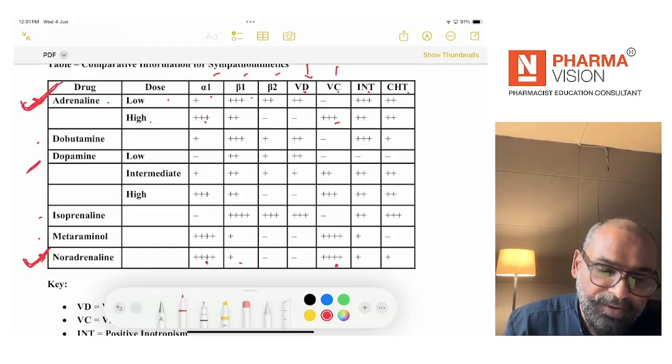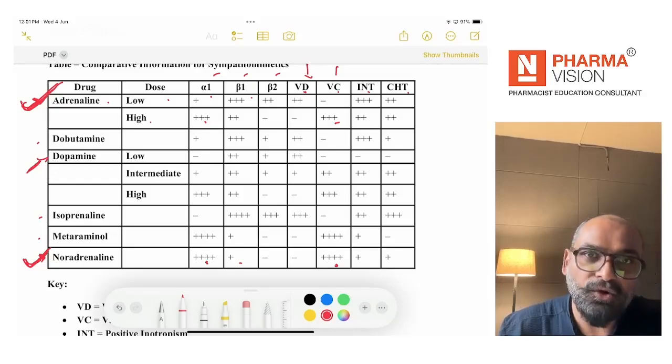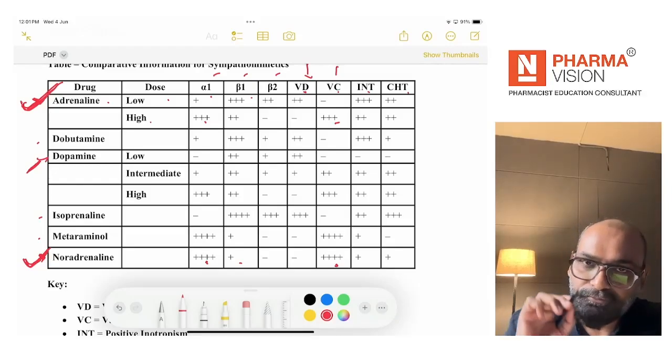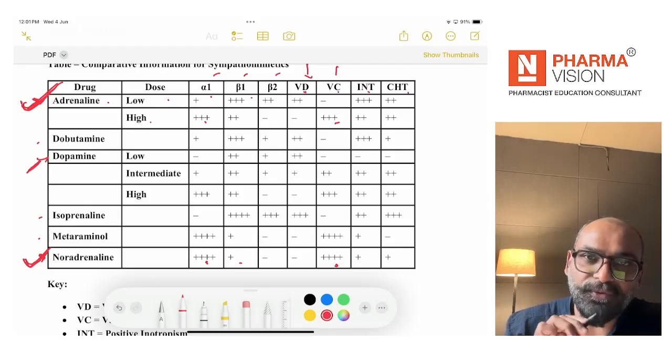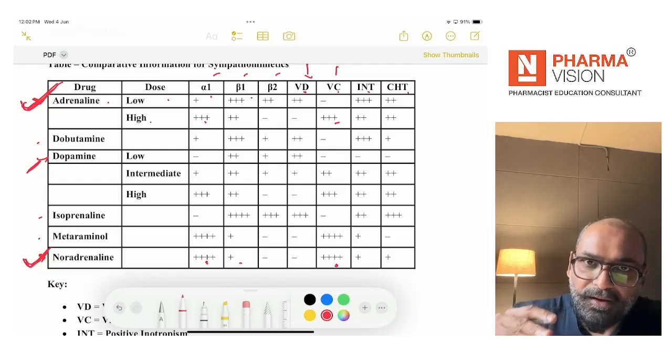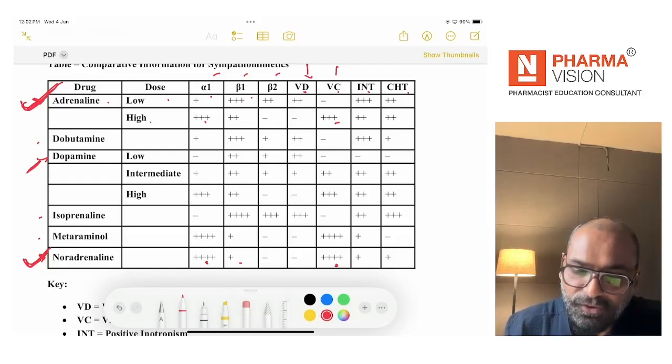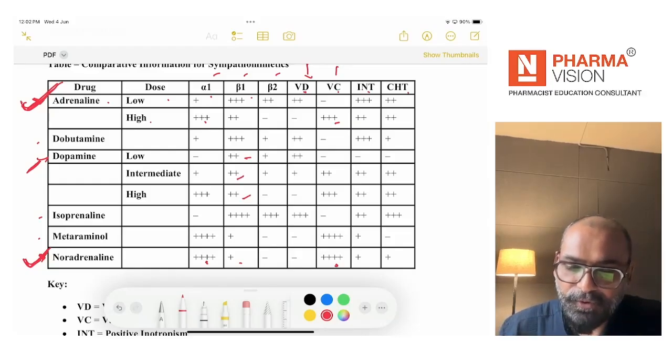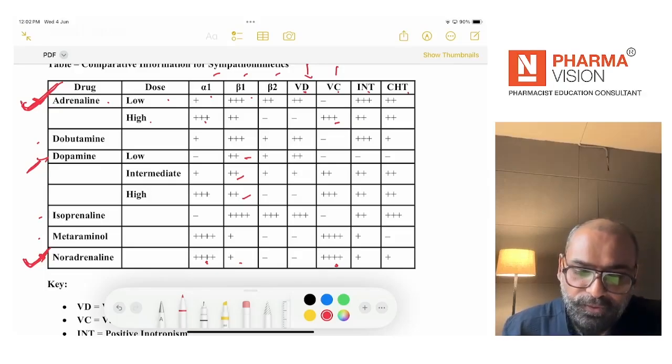The second drug you have to remember is dopamine. Dopamine is also a very important medication for cardiogenic shock, because that medication can cause a positive inotropic effect like beta 1 receptor mediated actions, so it improves the cardiac outflow, and it also has an effect on the blood vessels as well.